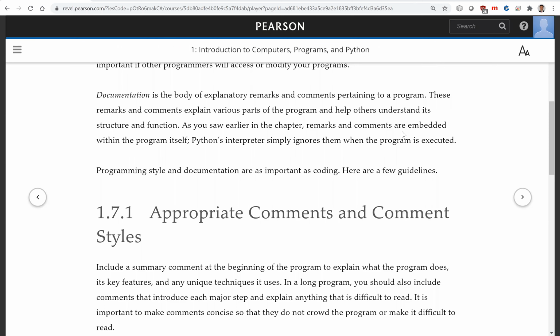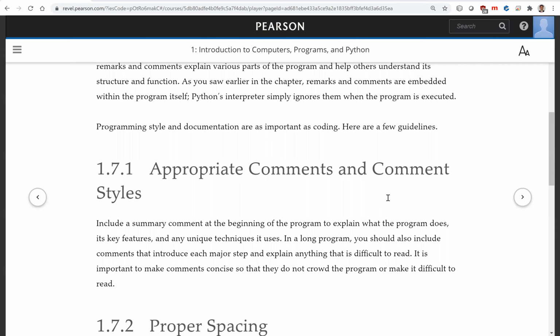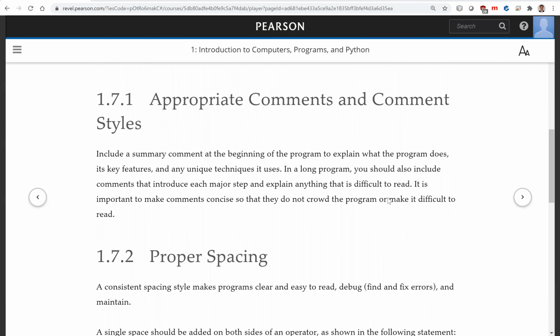Here are a few guidelines. Appropriate comments and comment style. Include a summary comment at the beginning of the program to explain what the program does, its key features, and any unique techniques it uses.